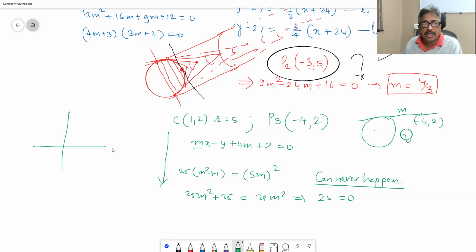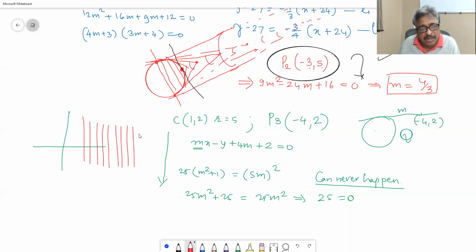The answer is no, not really. Many lines have slope, but infinitely many lines do not have slope. I mean, the slope is not defined. All lines parallel to the y-axis are lines in the XY plane, but their slope is not defined.